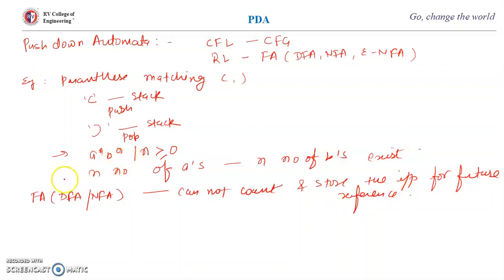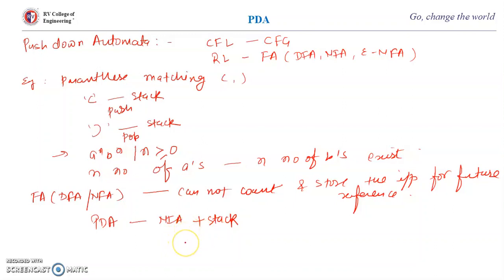So that's why we will go with the push down automata. We are forced to have a new machine that is called push down automata, PDA. We will say it is NFA with the exception that PDA has the extra stack. So NFA plus stack will be there. The definition of PDA is similar to the definition of NFA with a slight change.